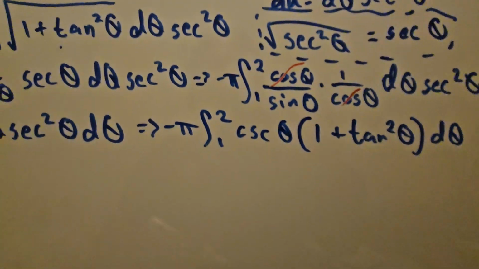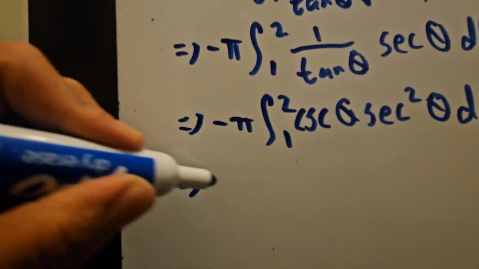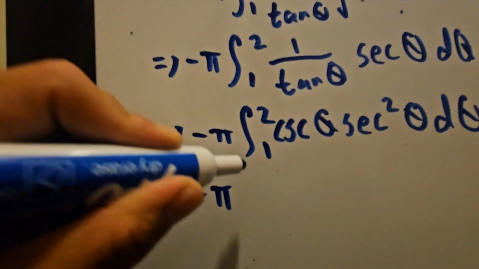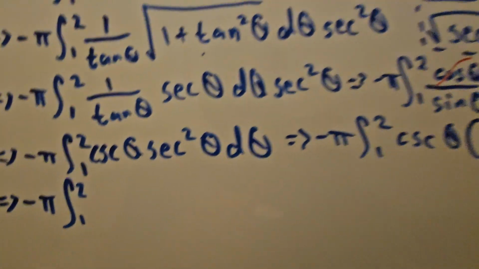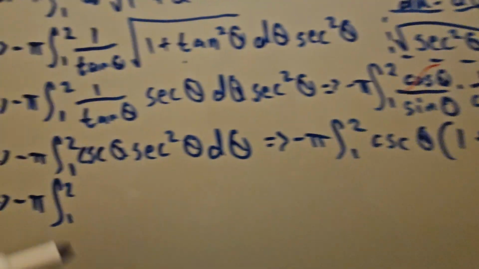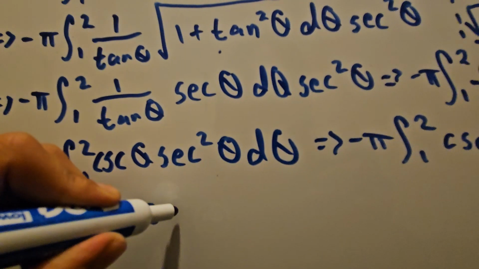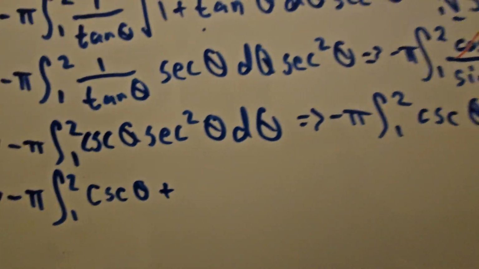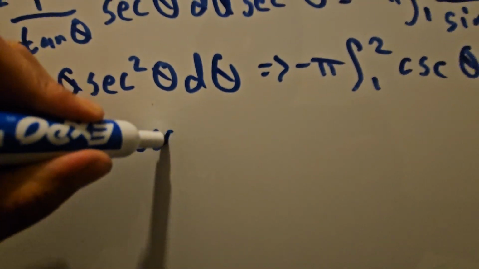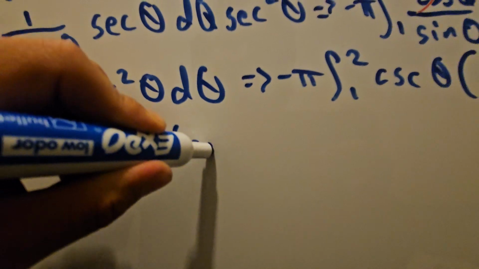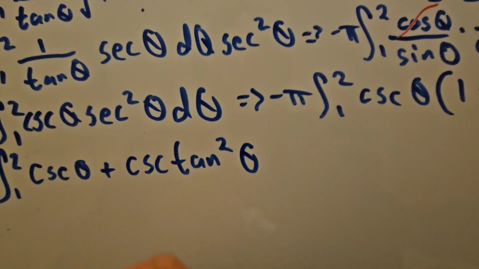Again, let's go ahead and rewrite this integral. We have a negative pi integral of 1 to 2 cosecant times 1, that's cosecant theta, plus cosecant times tan squared theta d theta.